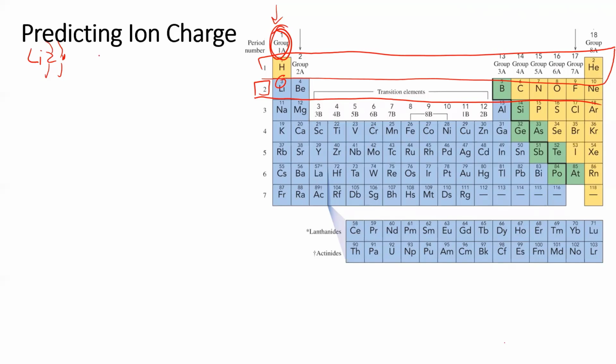Well, what about sodium? Sodium has 11 electrons. Where do the first 2 go? First shell. How come? 1, 2. Where do the next 8 go? Second shell. 1, 2, 3, 4, 5, 6, 7, 8. 2 plus 8 is 10. Where does the last electron, the 11th electron, go?